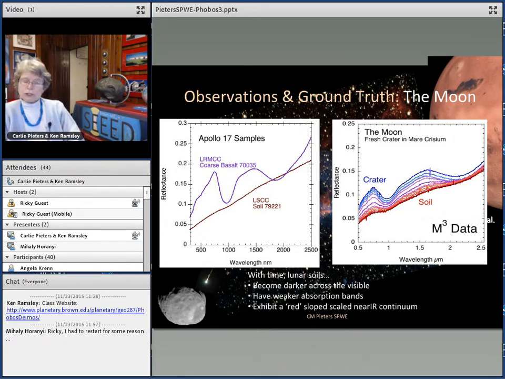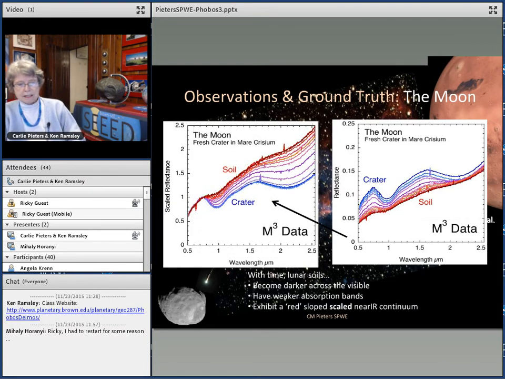But also you can see, although it helps if you scale the data, such as this, if you take the remote data and scale it at a given wavelength, you can see that the overall spectrum of the soils has this steep red-sloped continuum. And this is characteristic of lunar type of space weathering. This is an important part to remember, because this is going to be a theme when we look at other things, that it is not always the case for other bodies.